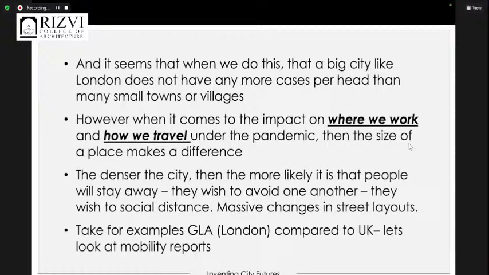So were you to have visited any British cities in March, April 2020, you would find them almost like ghost towns, because most people were working from home.